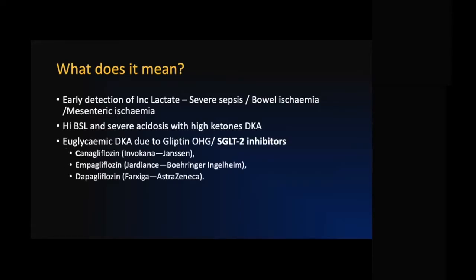And now we're getting a new problem: patients with euglycemic DKA, meaning the patient would have normal blood sugar, but they would be acidotic. So it has become a recommendation now in New South Wales and all the Australian hospitals that any patient who is on these new novel drugs like gliptins and SGLT2 inhibitors for diabetes must have their pH checked.